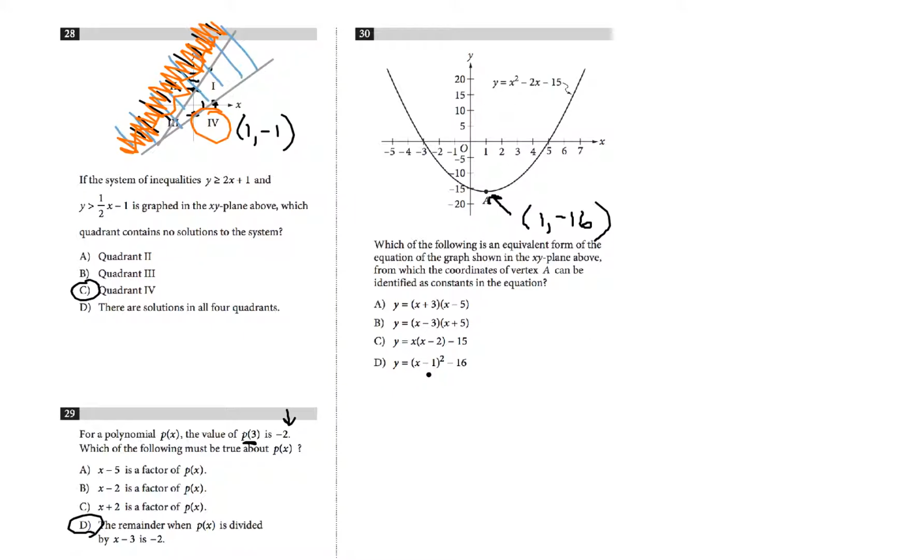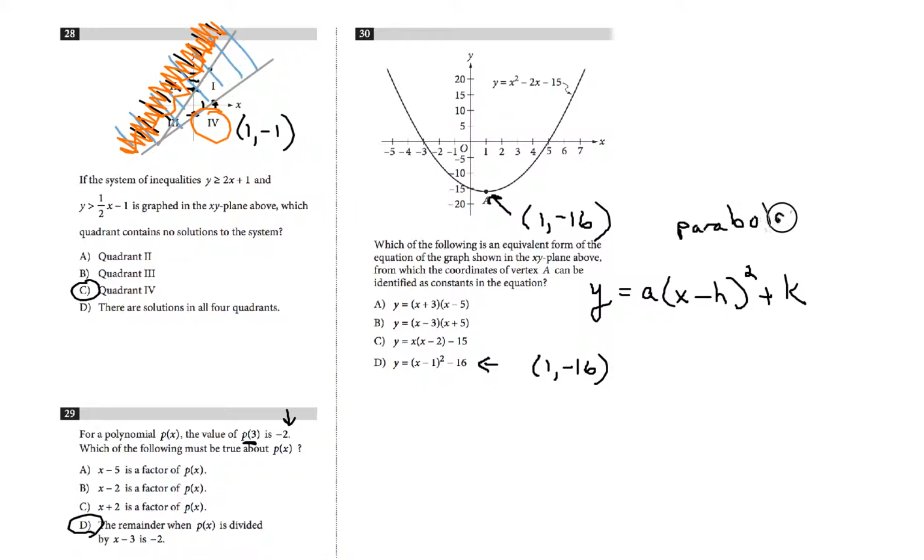Well, I tried to tell you with the circle one, it's always the opposite in parentheses. So the vertex, if you're looking down here, is going to be 1, negative 16. A parabola in its graphing form is y equals a times x minus h quantity squared plus k. This is a parabola.